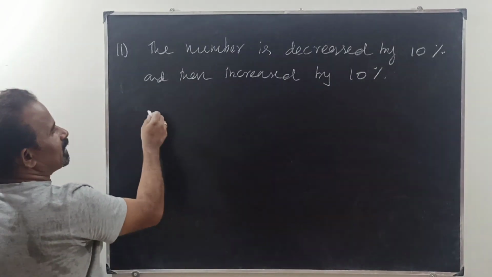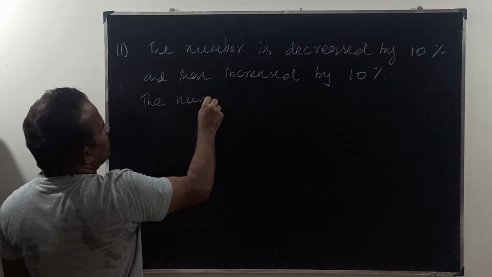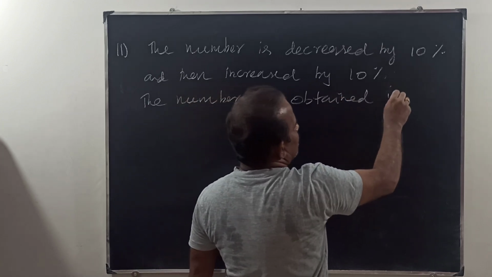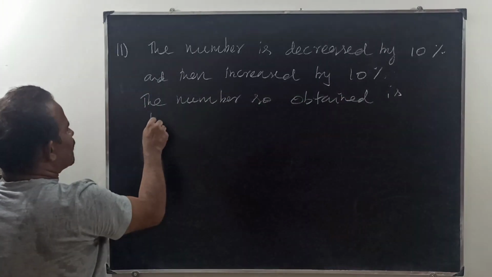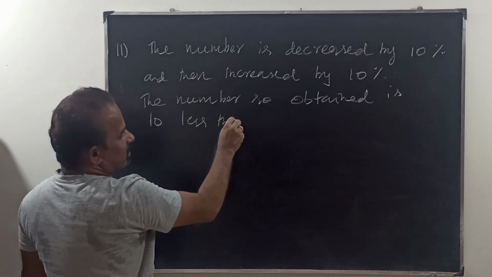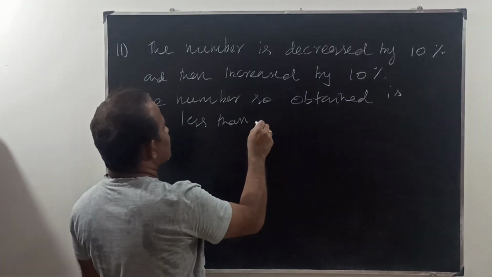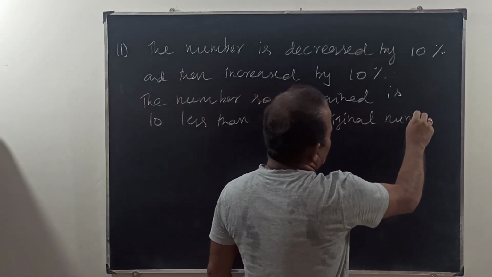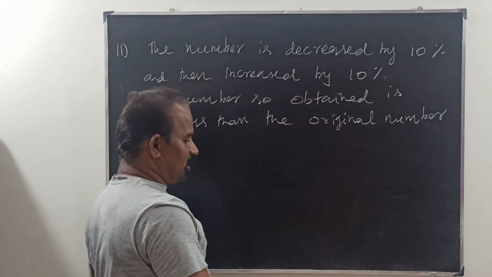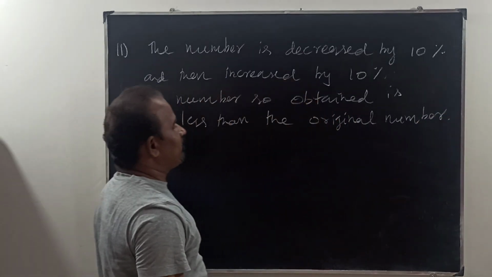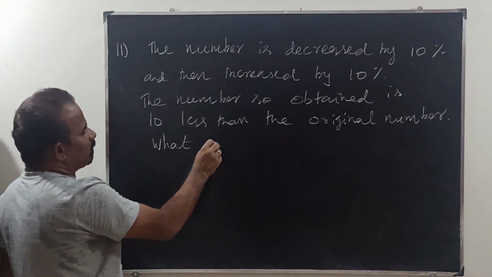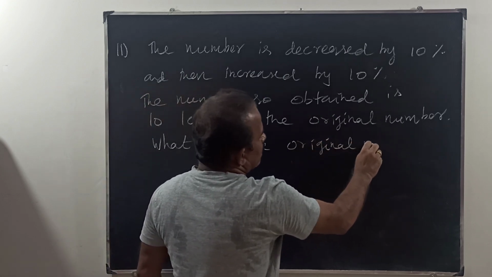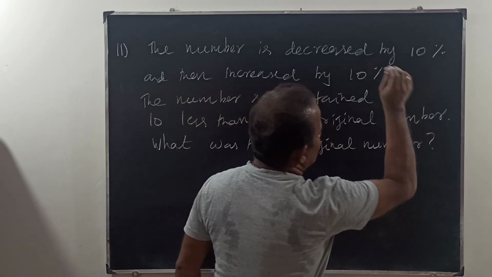The number so obtained is 10 less than the original number. What was the original number?